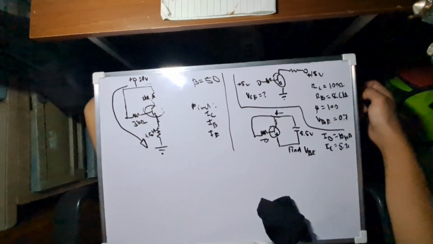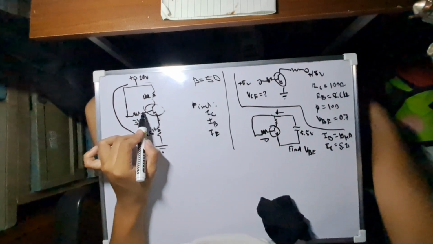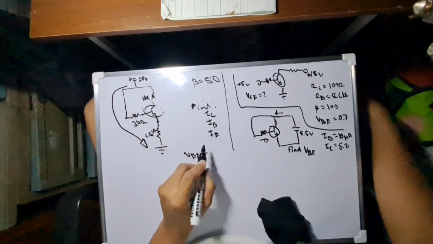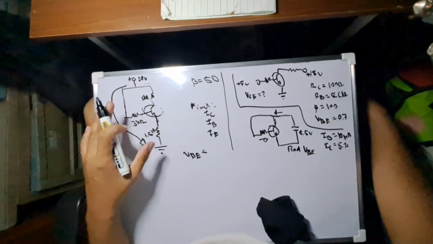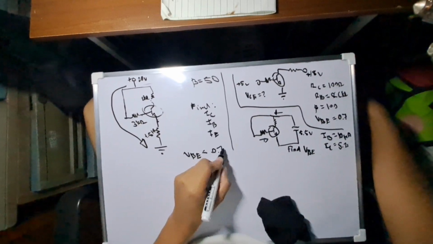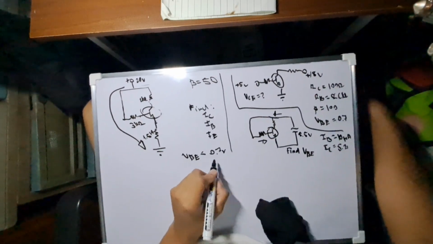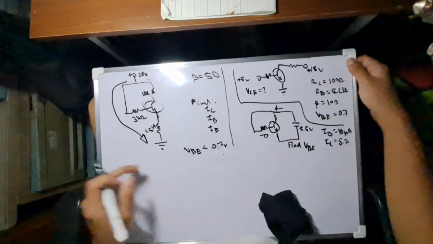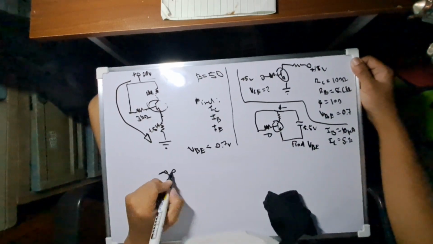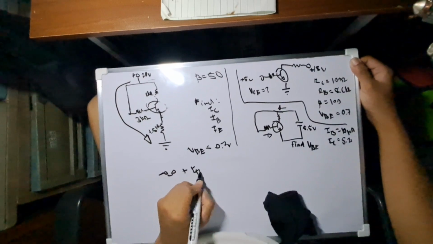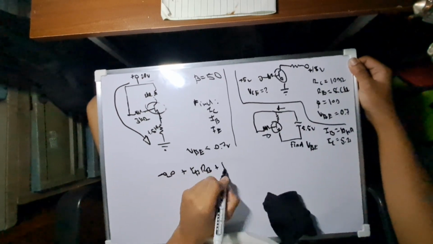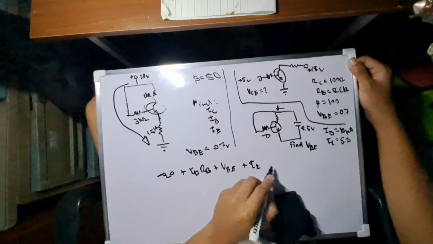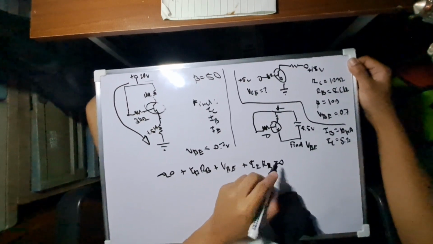Since from base to emitter tayo, we can denote that's VBE, pababa tayo. And since sabi niya is this is an active component, is transistor, active siya, so 0.7, so silicon diode. With that in my KVL tayo, negative 20 plus IB RB plus VBE plus IE RE is equals to 0.